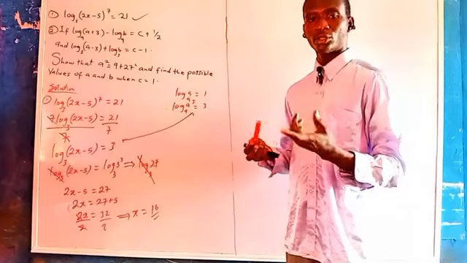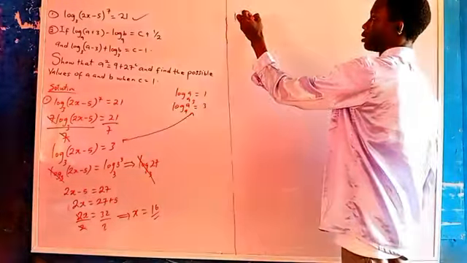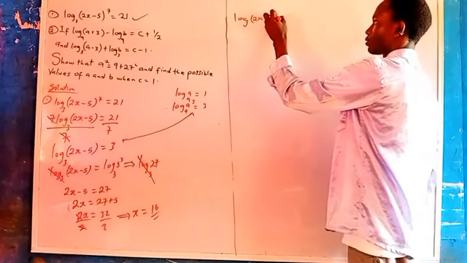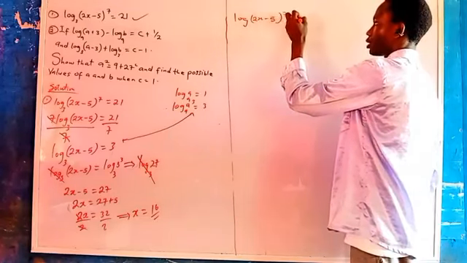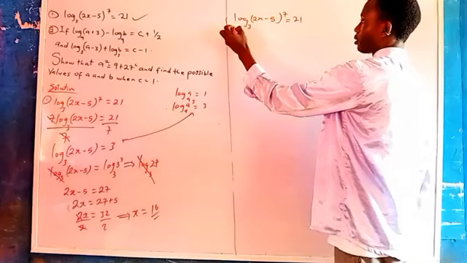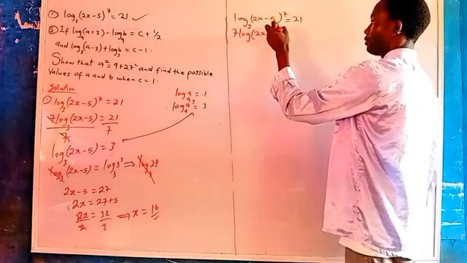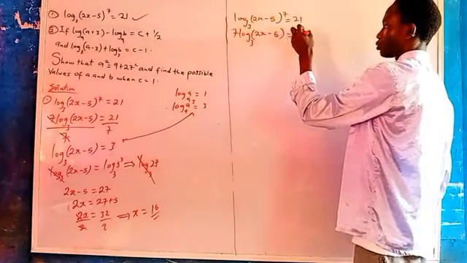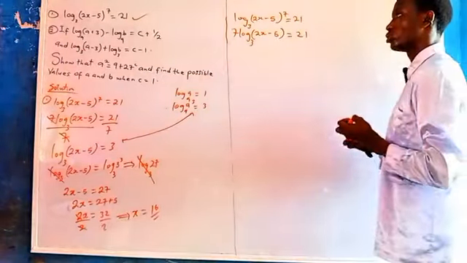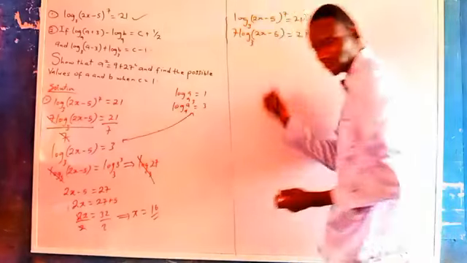And you can also check. How do you check? If you want to check, we are given log of (2x minus 5) to the power of 7 equals 21, and this is base 3. Don't forget I said we can write this as 7 log of (2x minus 5), base 3, equals 21. What we're having on the left hand side here, everything will be equal to 21. That's what we want to check now. We already said that our x is 16, so I want to check if that's correct.